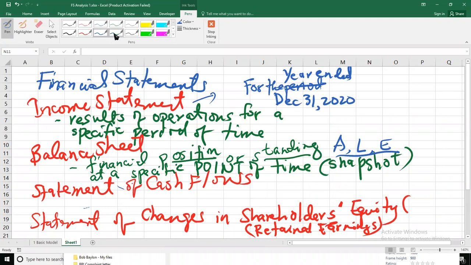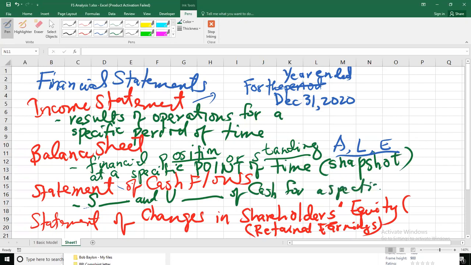Okay, on the other hand, guys, yung statement of cash flows, ito, it tells us of the blank and blank of cash, syempre, no? For a specific period of time din to, no? Period of time from the blank, blank, and blank activities.